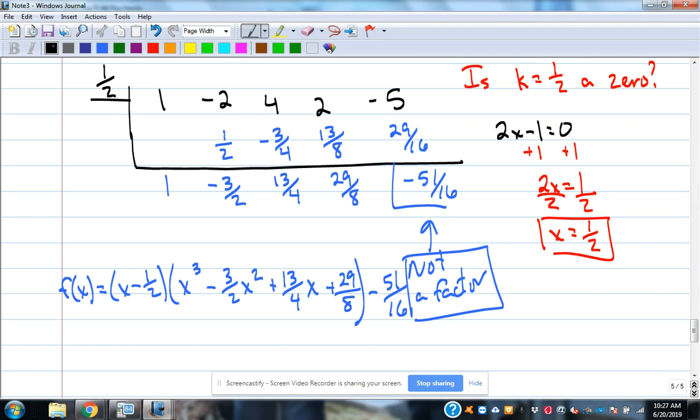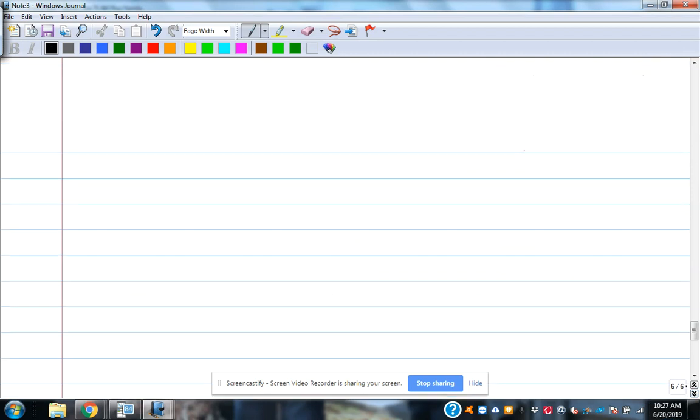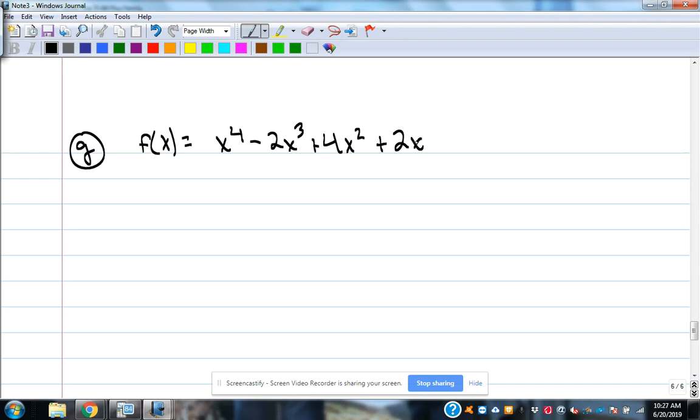So we've got to deal with those, and we deal with those using synthetic division as well. So let's take polynomial x to the fourth minus 2x cubed plus 4x squared plus 2x minus 5.